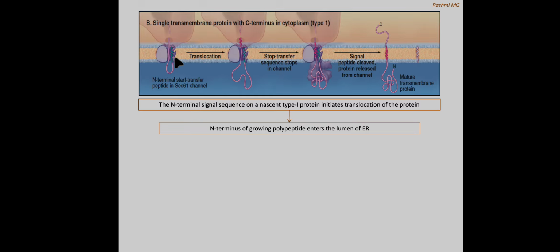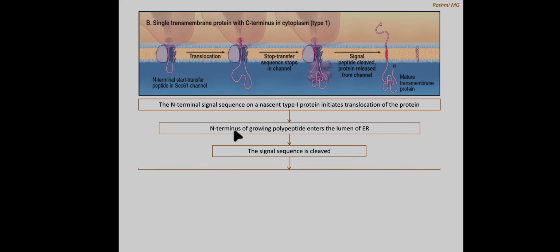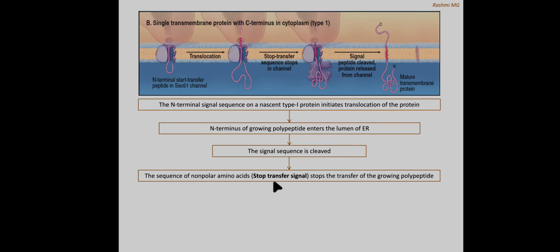The N-terminal signal sequence on the nascent type 1 protein initiates the translocation of the protein. The N-terminus of the growing polypeptide enters the lumen of the ER. Then the signal sequence is cleaved. Then the sequence of non-polar amino acids, that is the stop transfer signal, stops the transfer of the growing polypeptide.